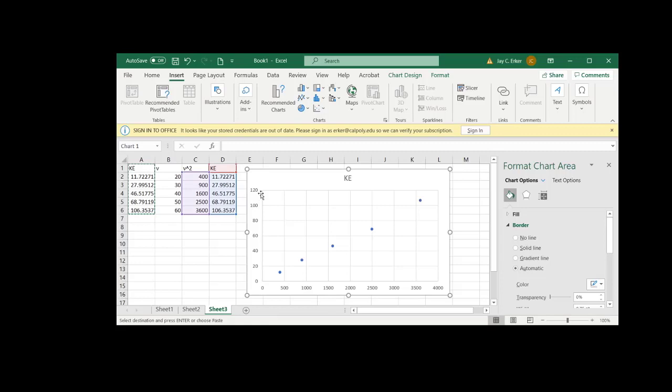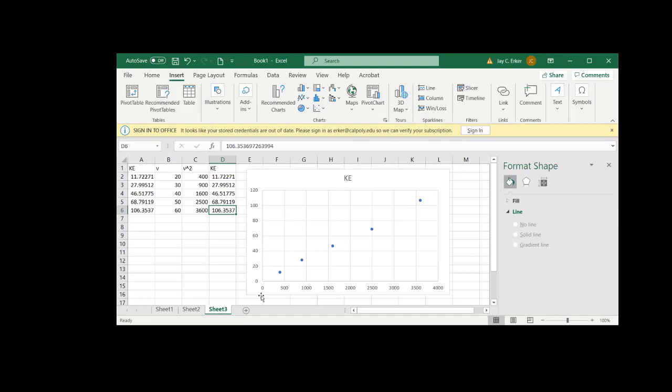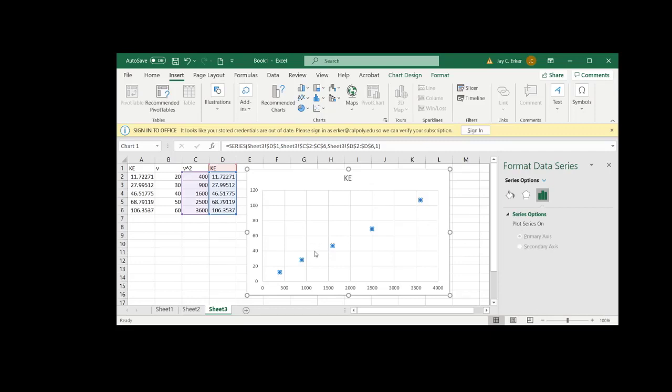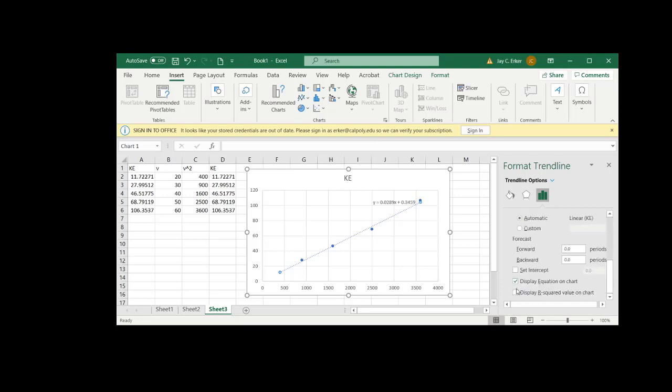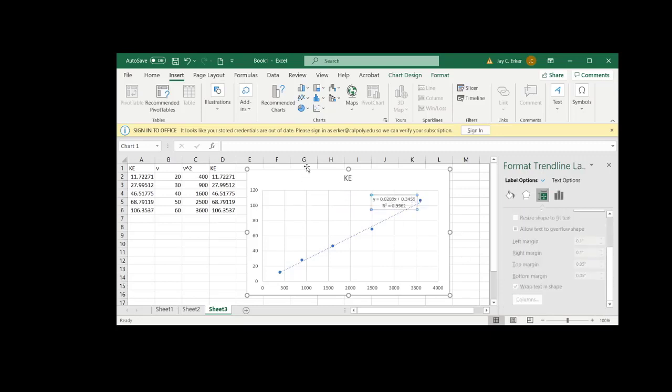I'll double check. I've got values between 11 and just over 100 on my y-axis. That's my kinetic energy. And I've got values between 400 and 4,000 on my x-axis. That's the velocity squared. I'm going to go ahead and put in a linear fit with an equation and an r squared.